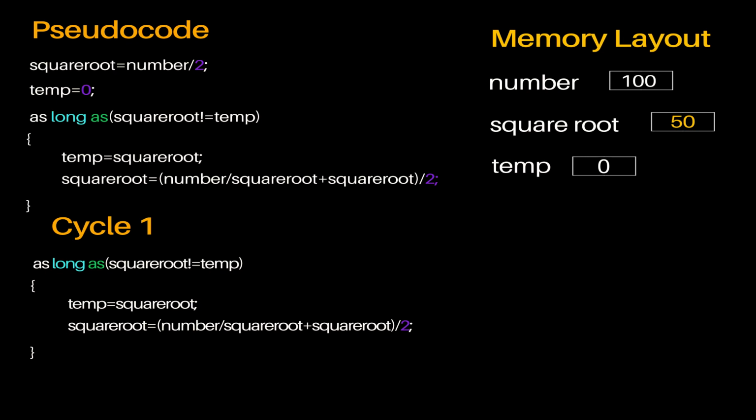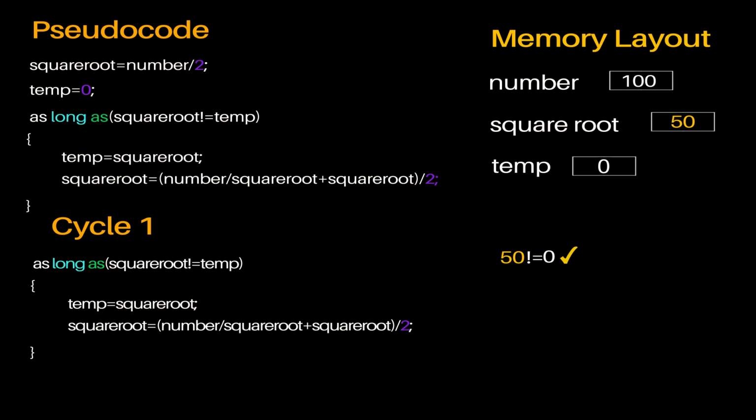If I substitute square root is equal to 50 and temp equals to 0, we can see that 50 is not equal to 0. So the condition is true. If the condition is true, we will be entering the while loop and we would be executing both the statements.